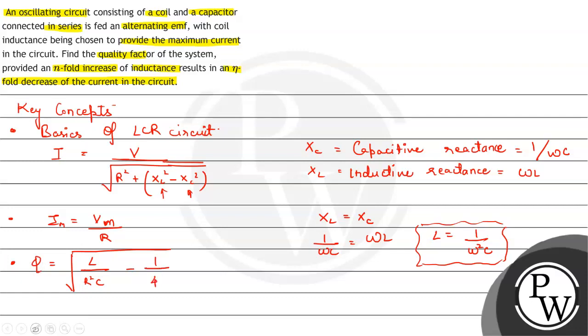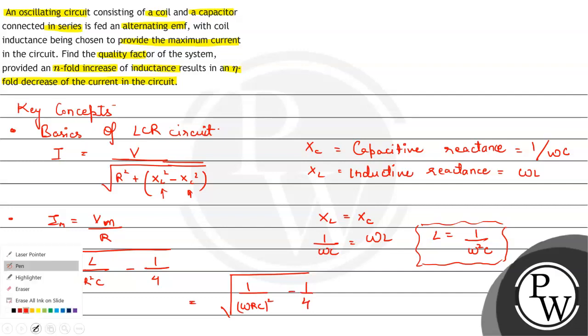So it is the formula for quality factor. It can also be written as square root of (1 upon omega R C) whole square minus 1 by 4. So keeping all three of these concepts in mind, let us jump right into our solution.